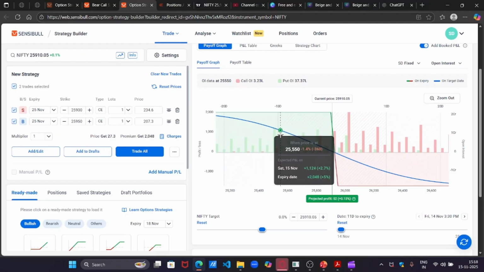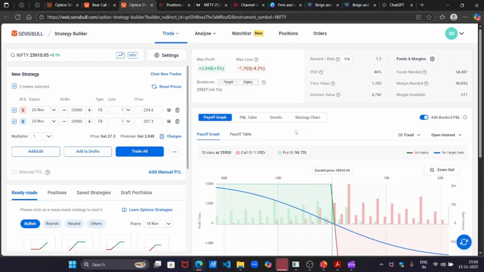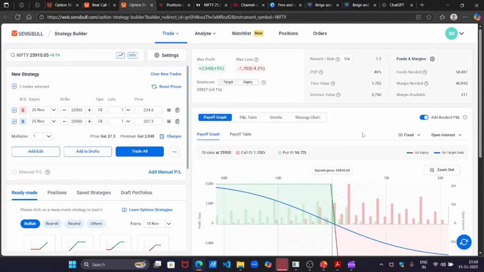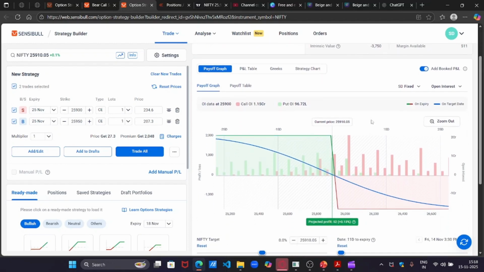So if you are very sure, 90% sure that it will go down, according to that you have to take the trade. And we had talked about taking out of the money also. Out of the money in the sense, suppose the market is at 25,910. This is at the money, we are selling at the money.